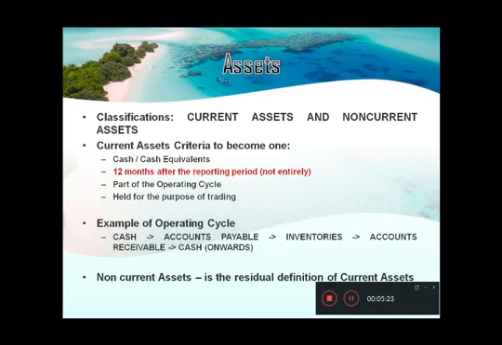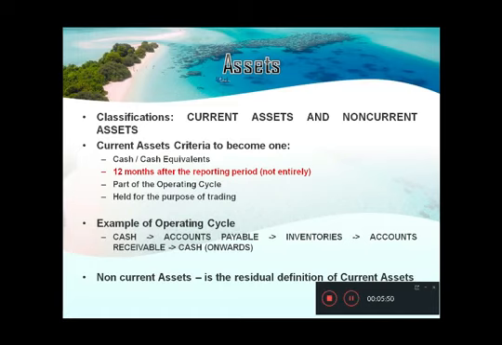So, kagaya ito ng accounts payable kung talagang related sa business nila yung pinanggalingan ng accounts payable na yun. So, which is letter C, ito yung part of the operating cycle. Yung sinasabi ko sa letter B, yung 12 months na operating cycle or reporting period after the reporting period.